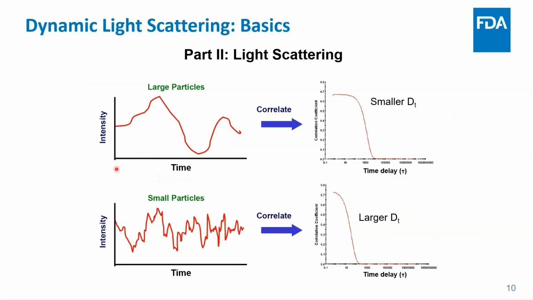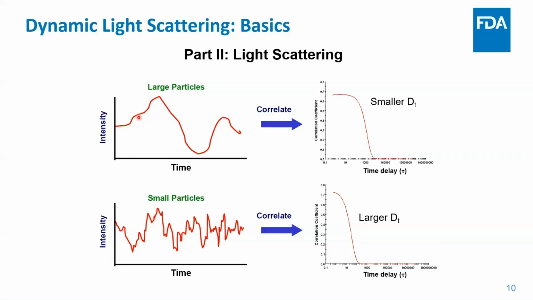So again, here, high fluctuations in that initial raw data give us a very short decay time because these things become out of phase very quickly.